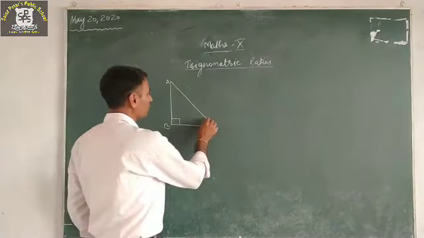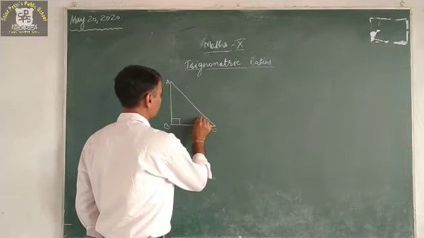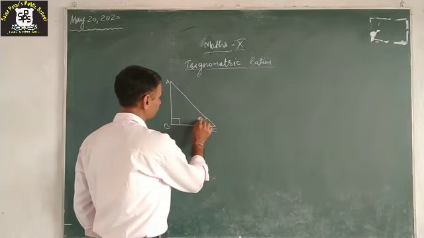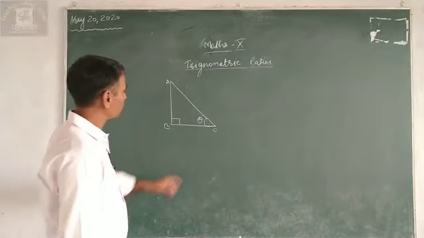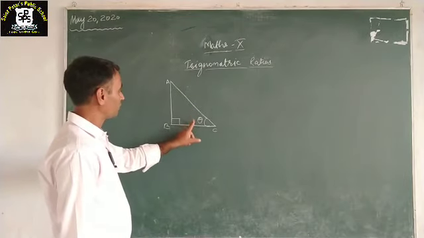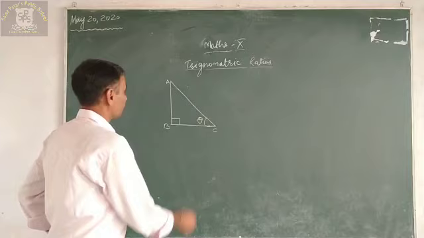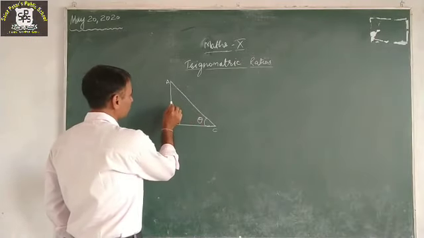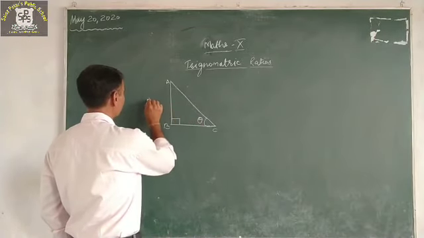If I use this angle and its value is theta, then with respect to the angle C, the side opposite to the angle theta is known as perpendicular.